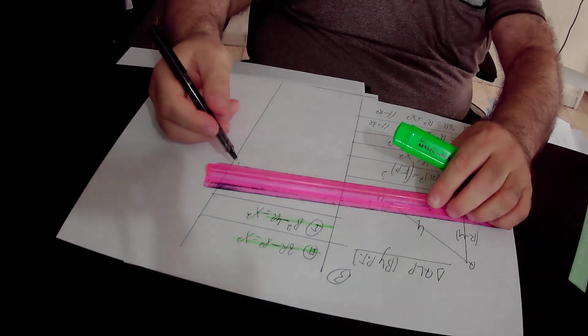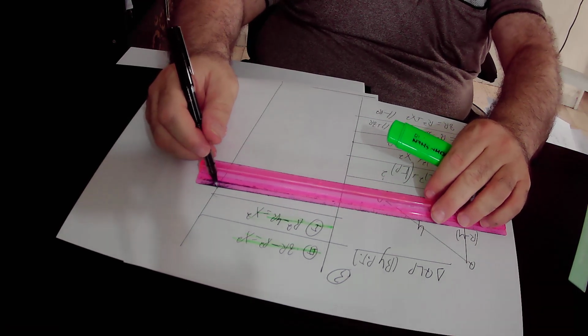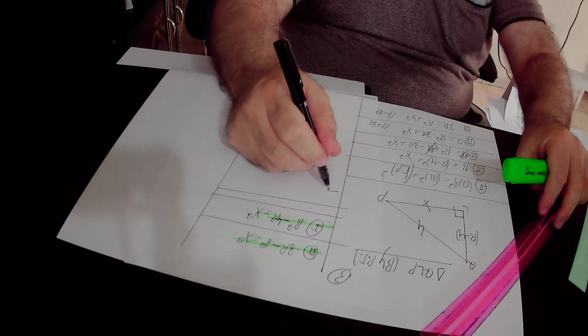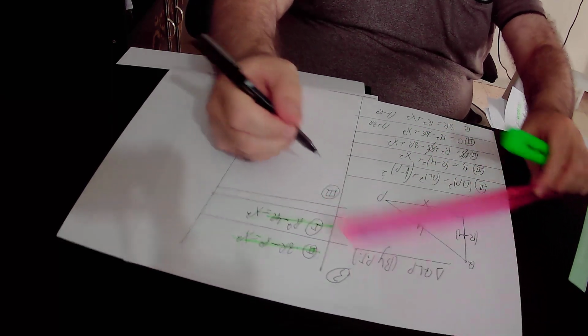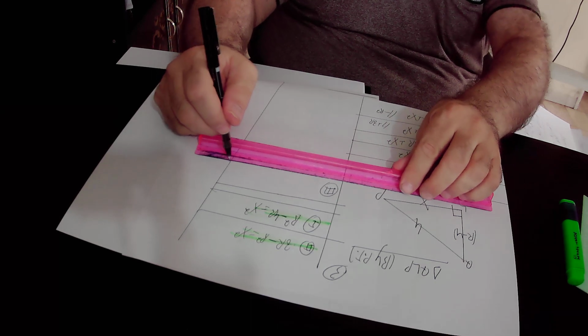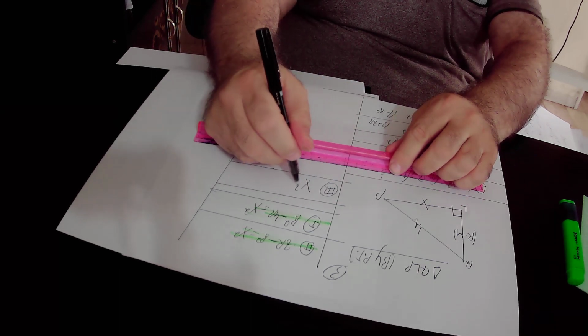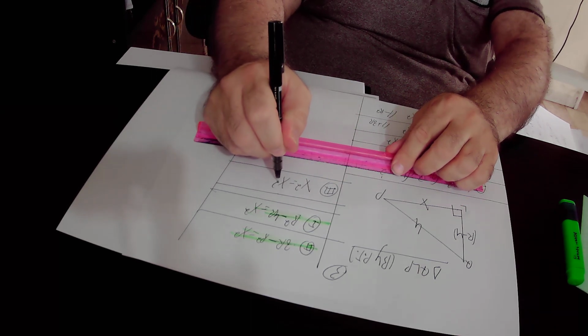Therefore, we create the third equation, equation number 3, that states that X squared according to equation number 1 must be equal to X squared according to equation number 2.